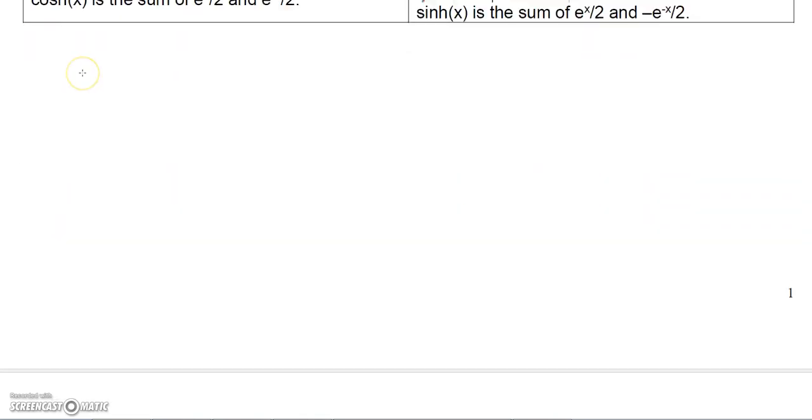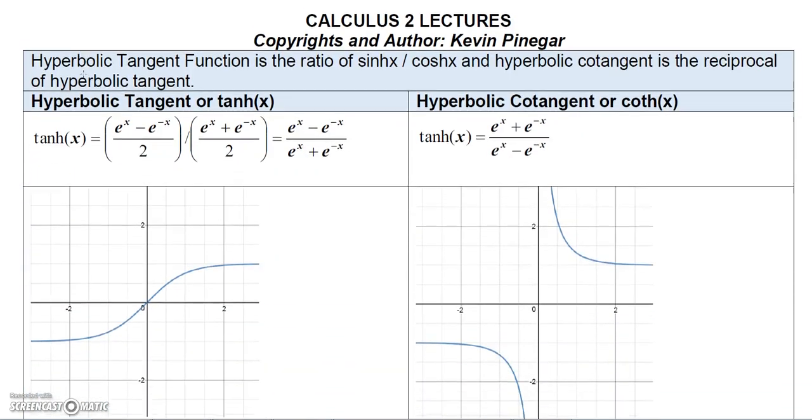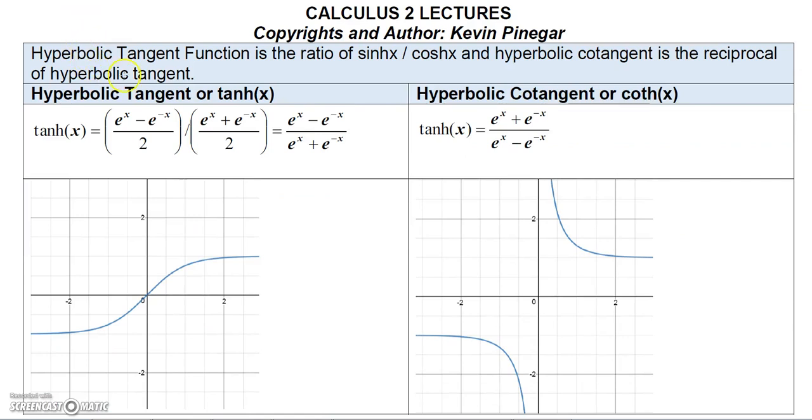Now we also have hyperbolic tangents, and the hyperbolic tangent is simply the ratio of the hyperbolic sine to the hyperbolic cosine. So if you take the hyperbolic sine here and then divide it by the hyperbolic cosine, you get e to the x minus e to the minus x over e to the x plus e to the minus x.